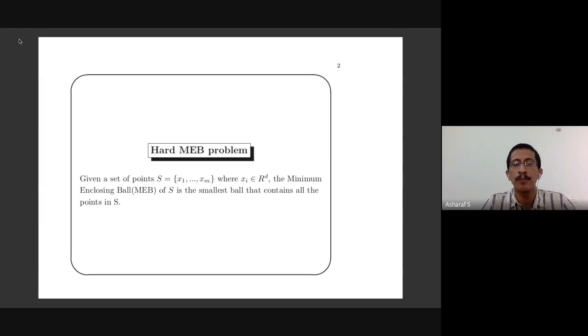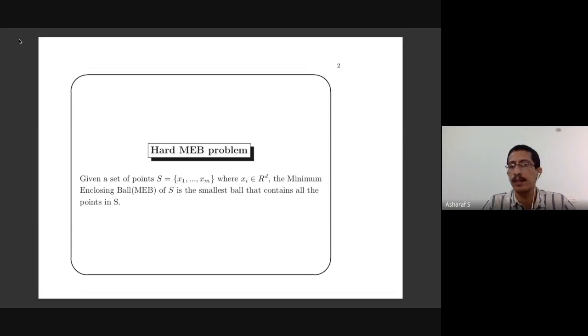MEB stands for minimum enclosing ball. Let's look at this problem called the hard MEB problem. The problem is very simple. We are looking at clustering algorithms, so let's assume that we have unlabeled data for which we don't know the labels. The hard MEB problem is stated on the screen here, which is: given a set of points.